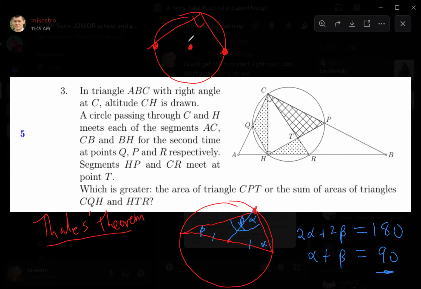If I join this line, it could just happen to hit that other point. Then there's nothing to prove, because it's already passing through the center. So what happens if it doesn't hit the point? What if, when I pass through this line, it hits over here? So what if the center was there, and when I join it, it doesn't hit this point, but it hits somewhere else?